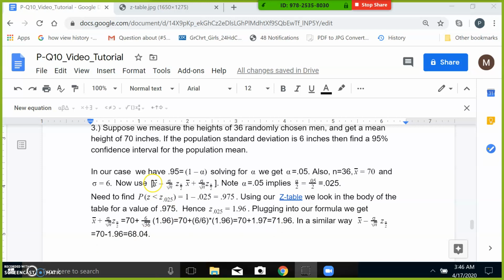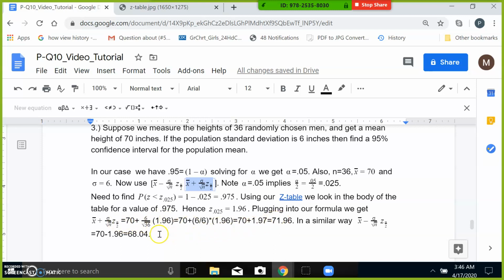We found the left part was 68.04, and we found the right part was 71.96.